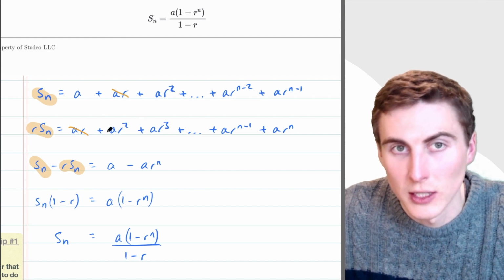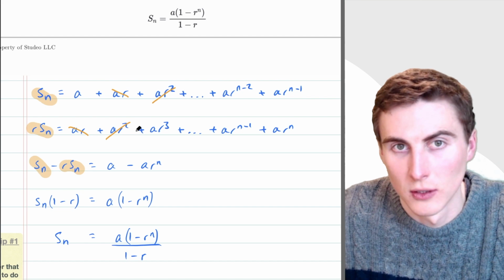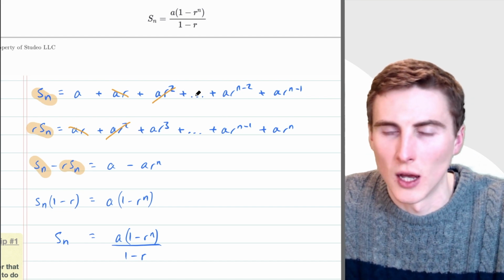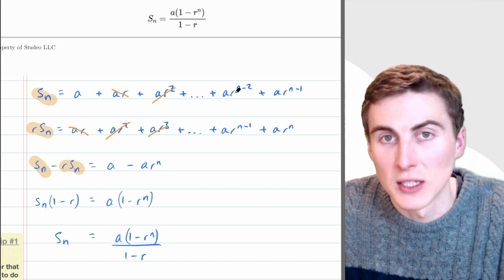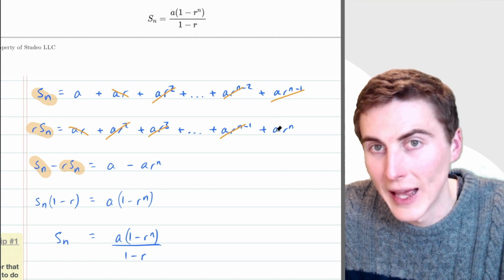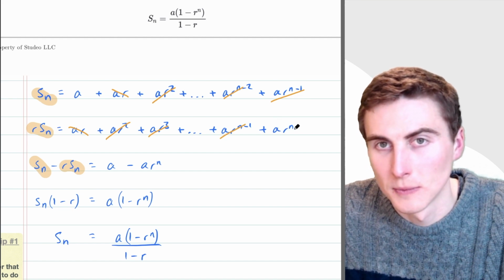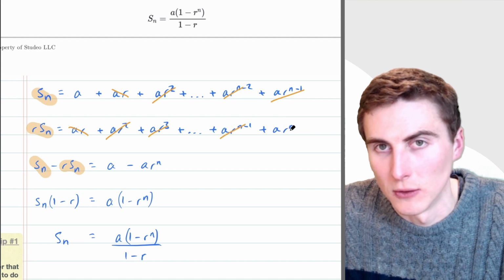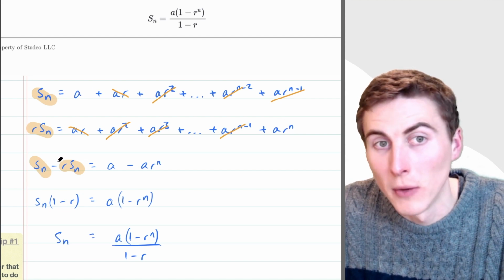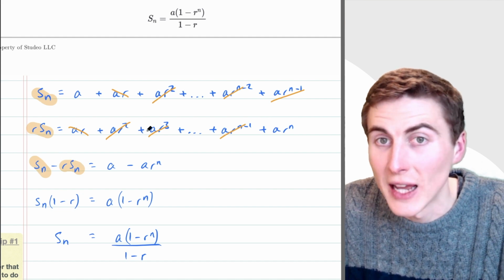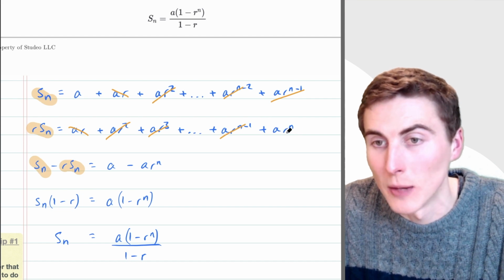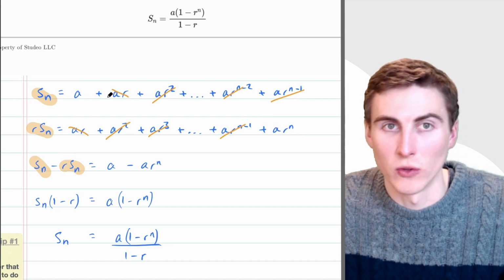This ar squared, take away this ar squared, would cancel those out. And so on and so on. Because I haven't done all the terms, it doesn't quite go perfectly, but basically all these other ones would cancel out, apart from ar to the n. That's the only one that wouldn't cancel out, along with a. So Sn minus rSn actually ends up with just a minus a times r to the power of n. That's all we're left with once we've cancelled everything out.